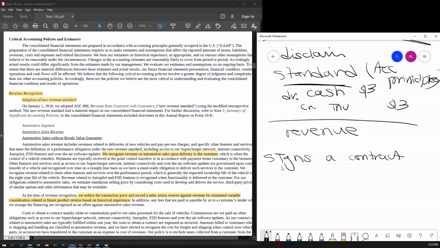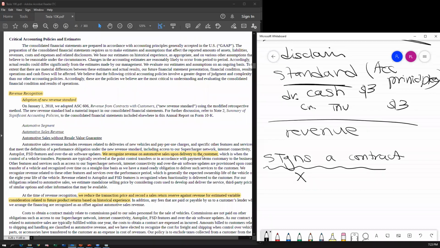That's not the timing when Tesla reports revenue. According to Tesla's disclosures, Tesla only recognizes revenue upon the delivery of a vehicle to a customer. So when a customer signs a contract, you do not report a revenue.